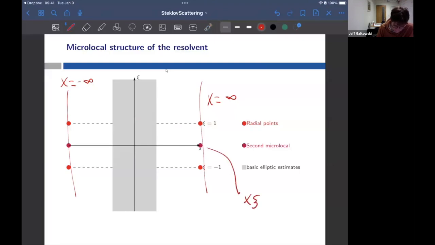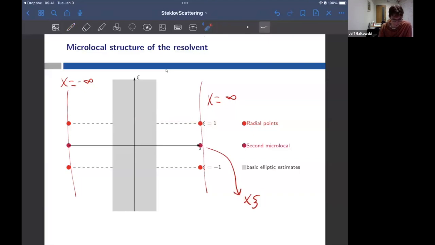Somehow this is where you localize in the variable x times c. And that lets you do everything you want. So you essentially do elliptic estimates, but in this funny variable, and then you do some propagation near plus and minus infinity, and that lets you sort of push this into a somewhat standard toolbox.